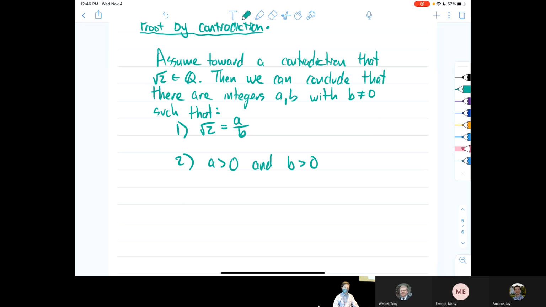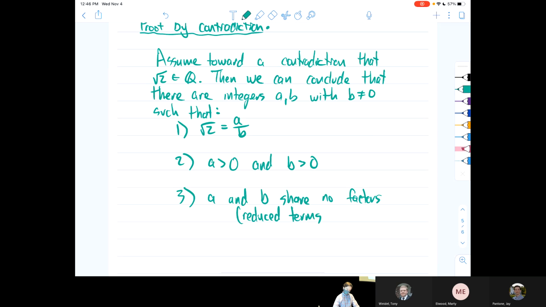And number three, kind of along the same lines, we're going to assume a and b share no factors, meaning they are in reduced terms. This is, again, something we normally don't assume when we're applying the definition of rational because it is of no use to us.